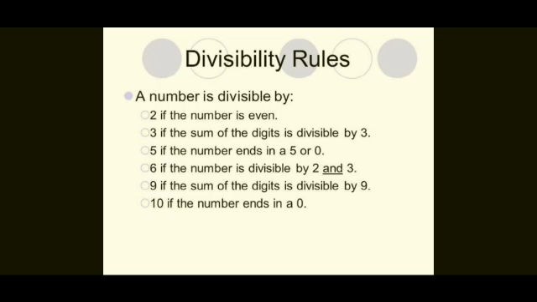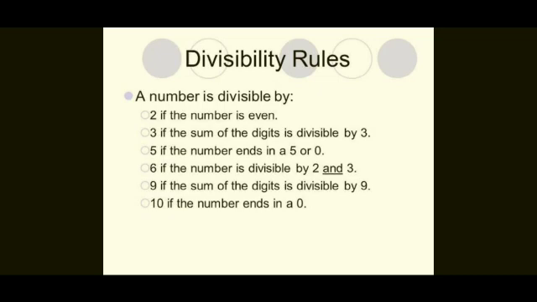If the number is divisible by 2 and 3. 9. The sum of the digits is divisible by 9. 10. If the number ends in 0. Here 4 and 8 didn't write. You just remember what is the divisibility property of 4 and what is the divisibility property of 8.